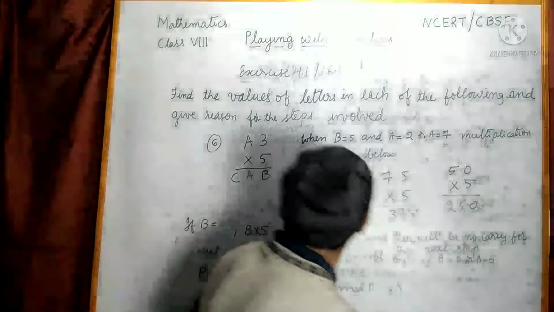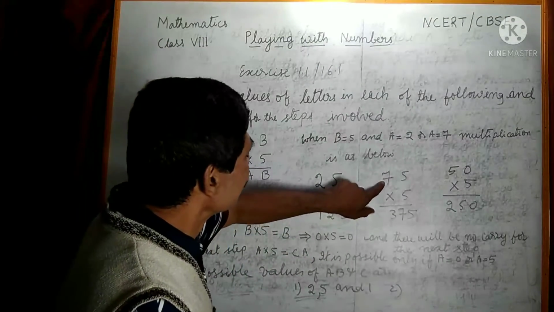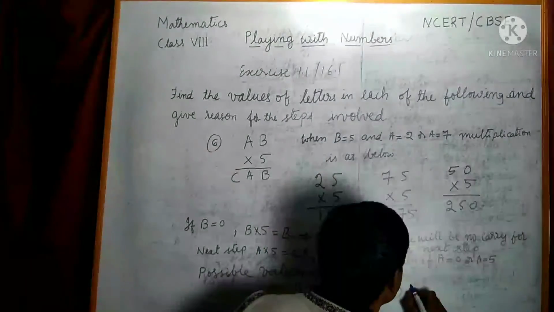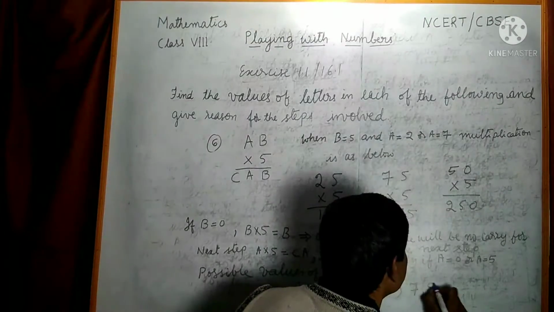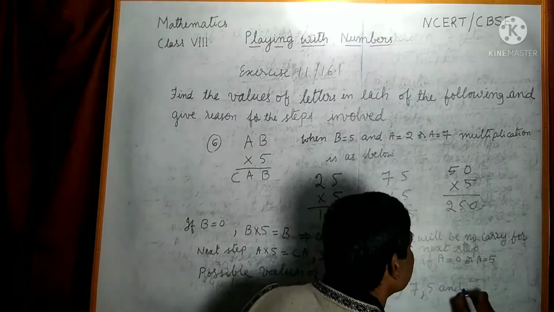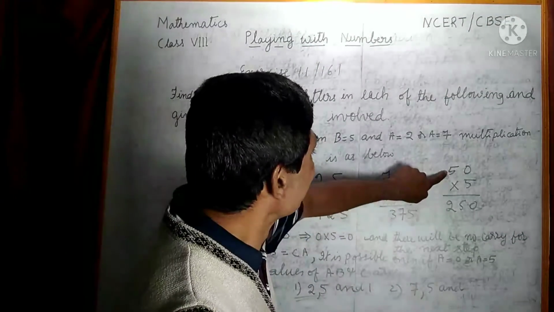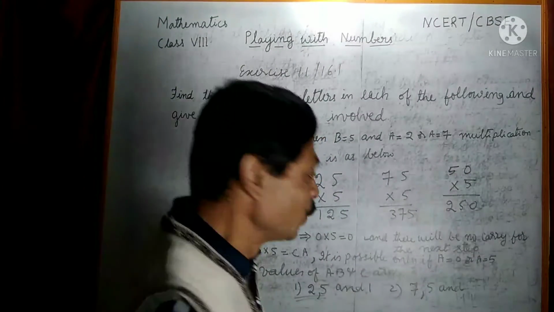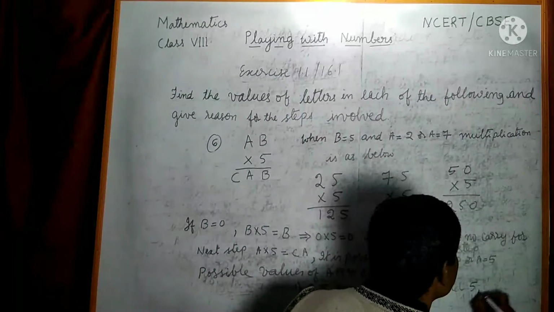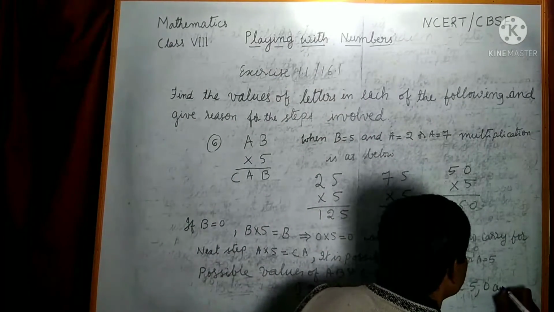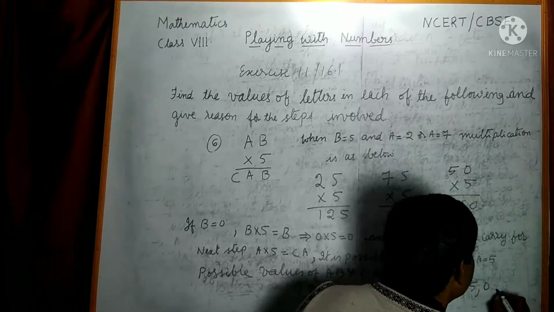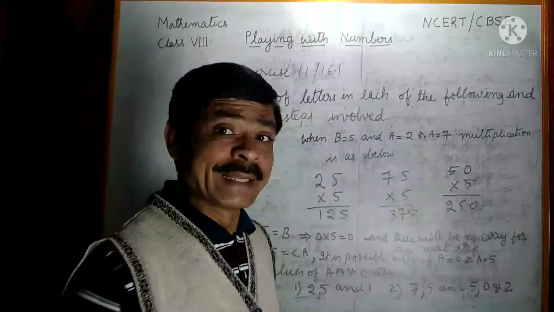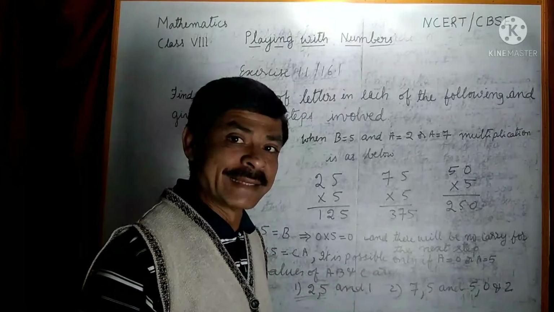Then second, 7, 5 and 3. Then 5, 0 and 2, respectively A, B and C.